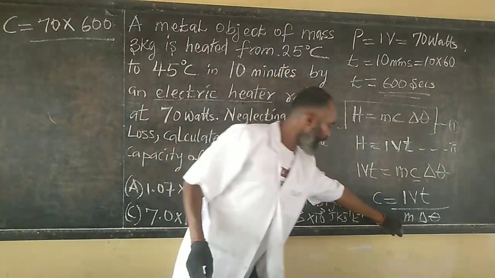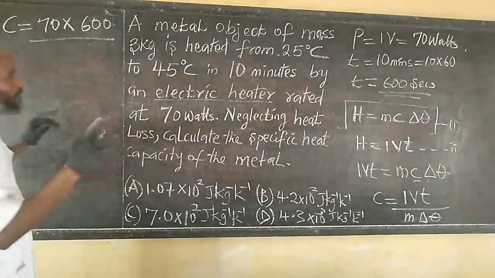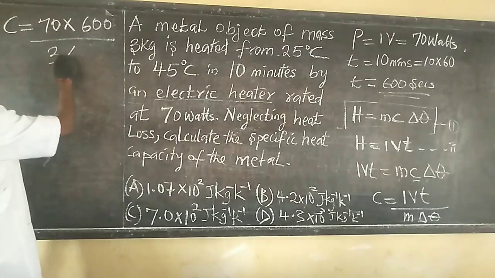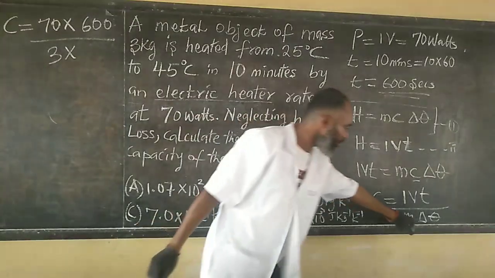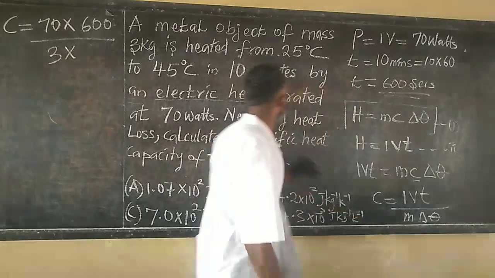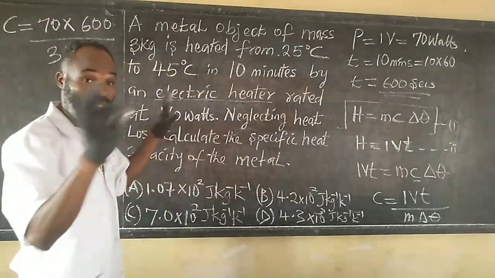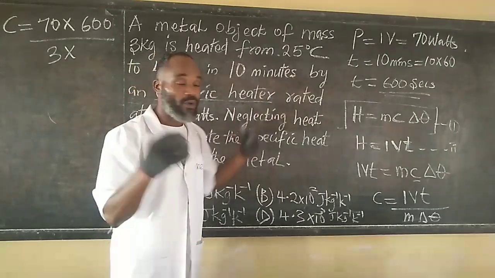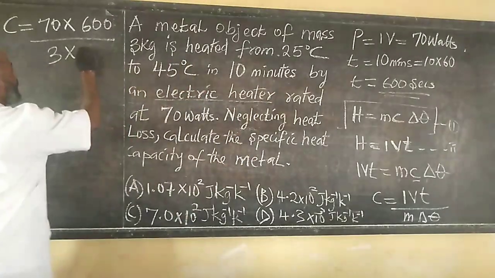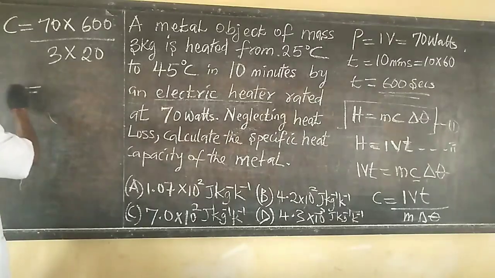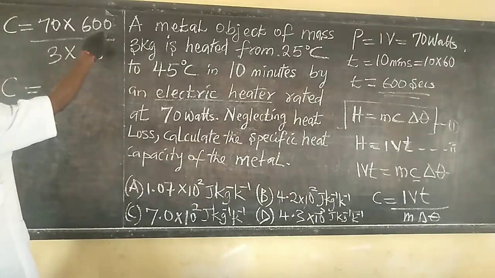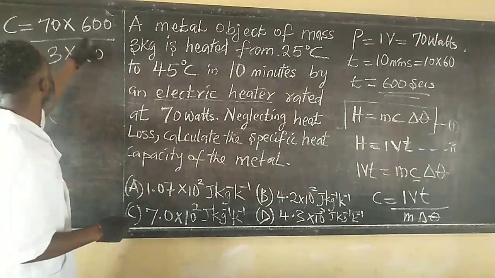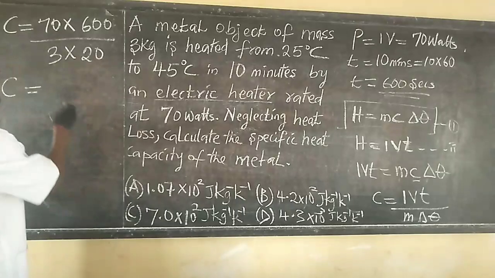And then M is still in kg. Remember, M is still kg. Look at the 3 kg. So 3 here and then times the change in temperature, 45 degrees Celsius minus 25 degrees Celsius, and what will remain is 20. Finally, we substitute 70 times this. That's what we're going to find.